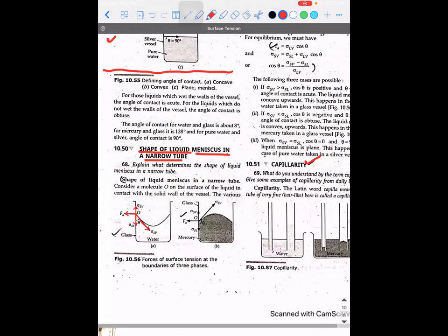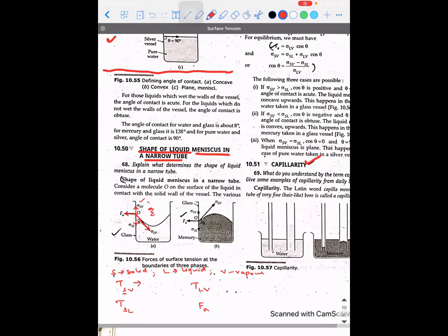What are the names of those 4 forces? One is sigma SV. Instead of sigma, if you're comfortable with T, I will write TSV. Then TSL, then TLV, and FA. Let me name what they are. Here S stands for solid, L stands for liquid, and V stands for vapor, that is the medium which is present above the surface of the liquid.